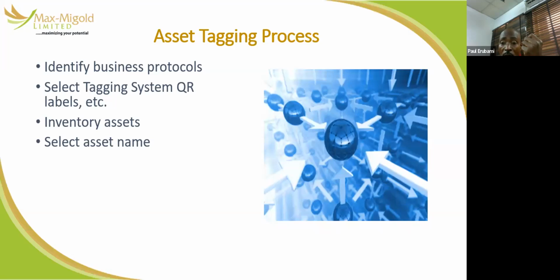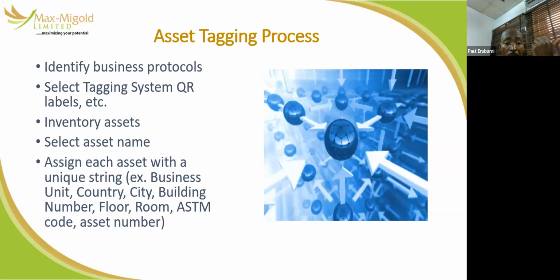Tagging. You can use business unit, the country at which the asset is located, the city, the building number, the floor, the room, or every asset, every equipment comes with what we call the ASTM code. You can also use the ASTM code to tag your asset. These are all more or less physical asset tagging.